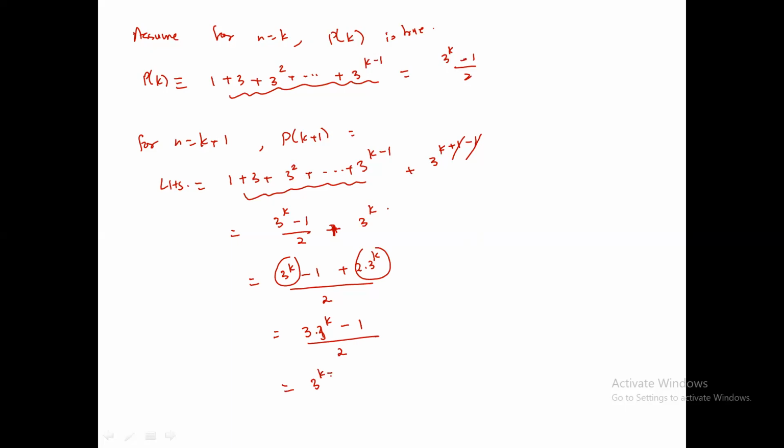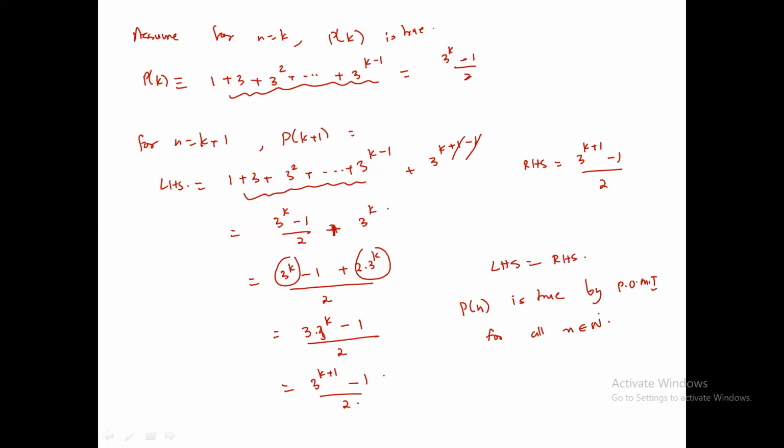That is (3 power k plus 1 minus 1) by 2. On right hand side also I will put n as k plus 1: (3 power k plus 1 minus 1) by 2. I got the same answer, left hand side answer and right hand side answer. That means P of n is true by principle of mathematical induction for all n belonging to set of natural numbers.